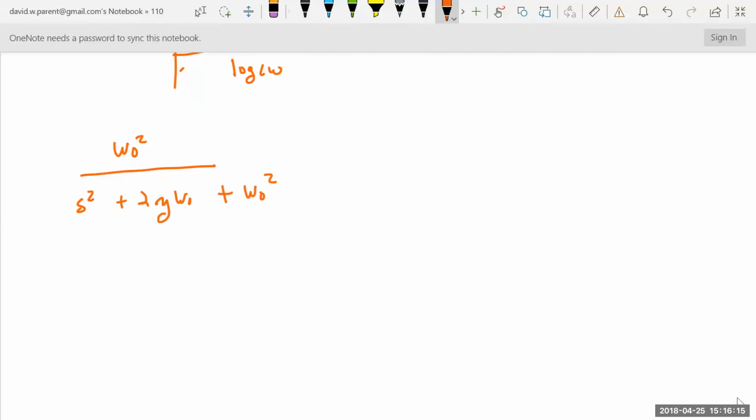How would we calculate this, like if we were programming the Bode plot? Well, the magnitude of the numerator would be 20 log square root of omega naught squared. And then over here, you would have to substitute j omega.